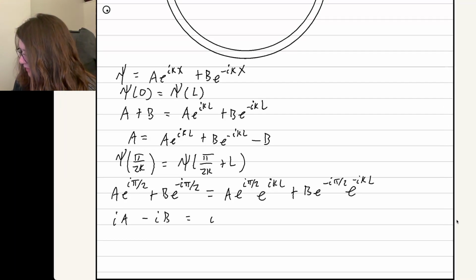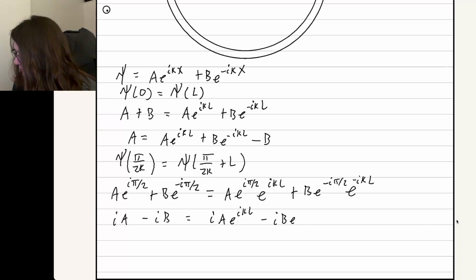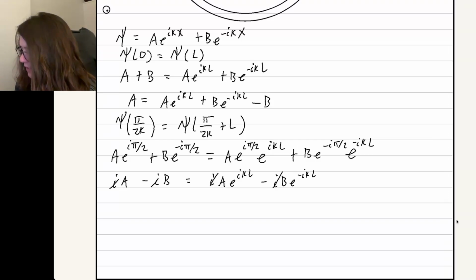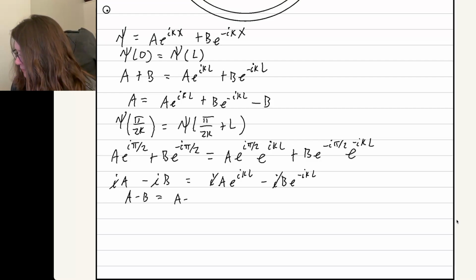Then we've got ia e to the ikL minus ib e to the minus ikL. The fact that it gives you i's isn't the interesting part. The interesting part is that now we have an a minus b instead of an a plus b. And we're going to come back to this equation after we do this next step.